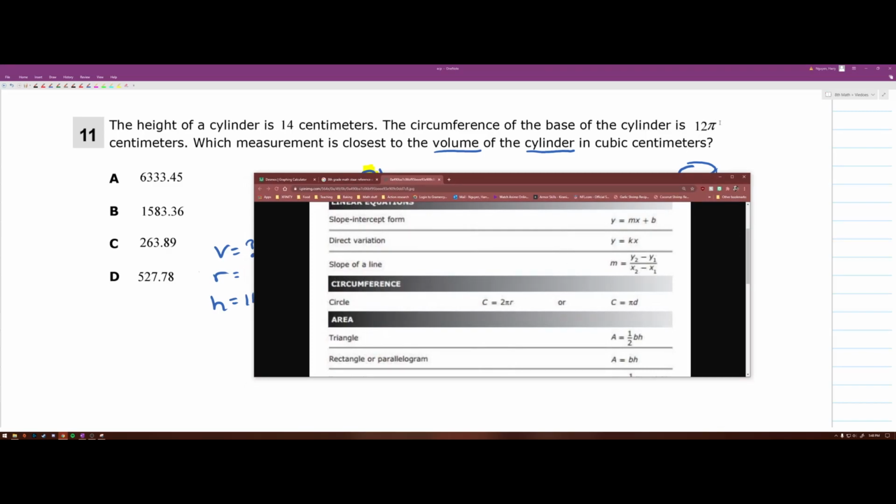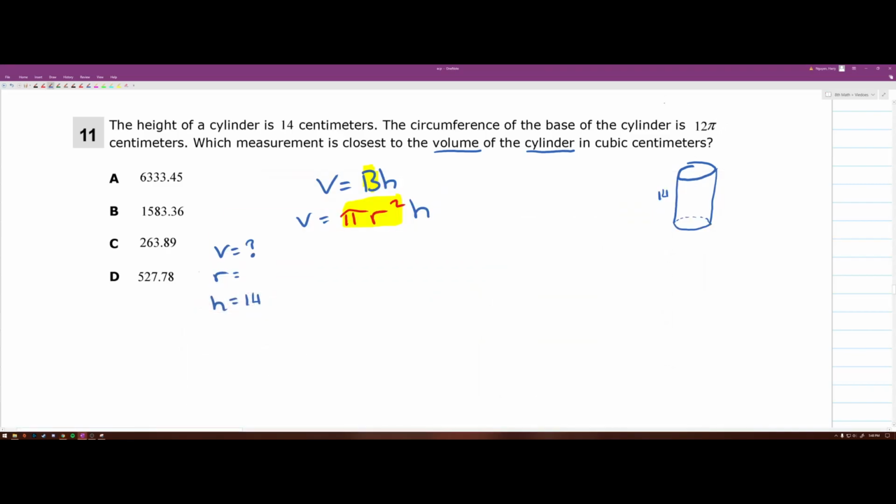Well, there's not two numbers in here. There's only one number. So that's going to be this formula. So C equals pi times D. So that means diameter is equal to 12. So from here to here, diameter is 12.